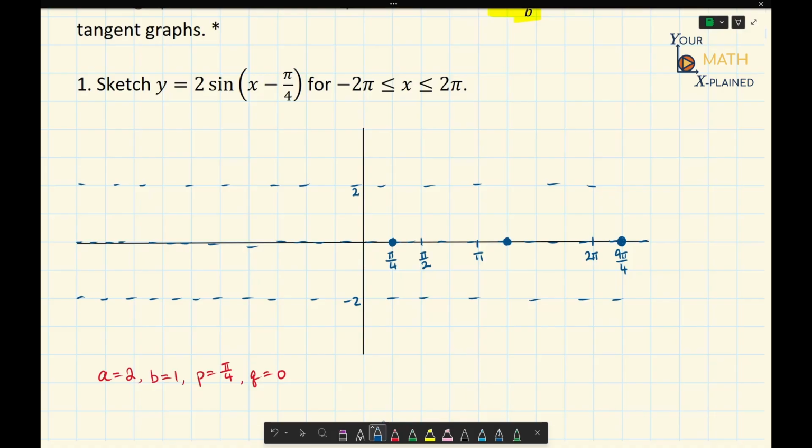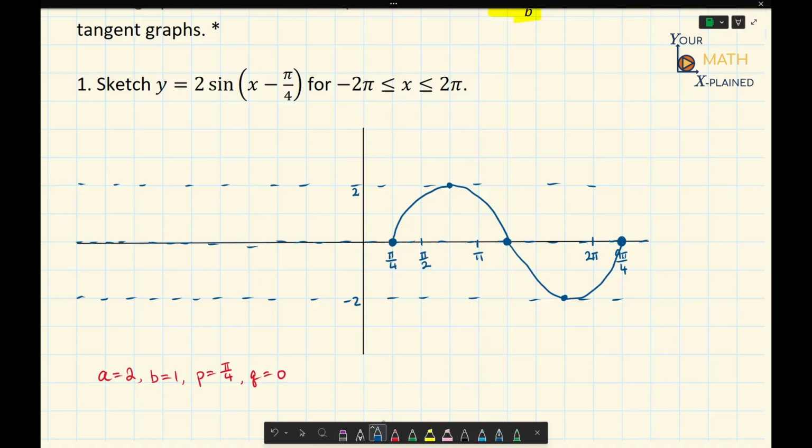And then remember how sine has the values 0, 1, 0, negative 1, 0. Well, we're going to go ahead and draw that. But this time, instead of 1, our amplitude is 2, so it's going to hit our maximum value right over here. And then it's going to hit our minimum value right over here. Now we can go ahead and connect these dots. And this is going to be one cycle of our graph.